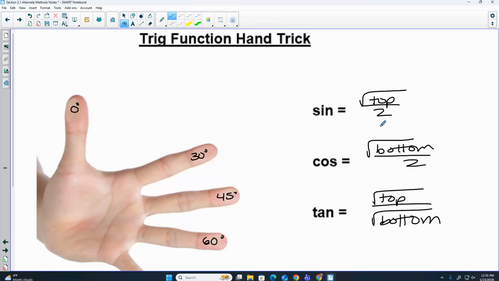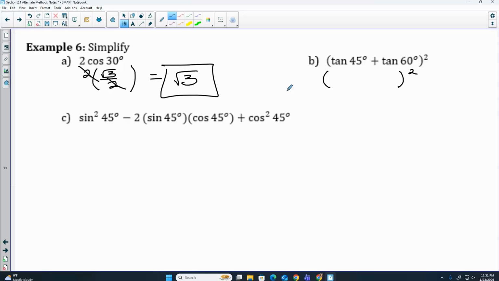All right. So tangent of 45. I fold in my 45. Square root of 2 over square root of 2, 1. Plus the tangent of 60. So I fold in my 60. So I have radical 3 over radical 1, radical 3.